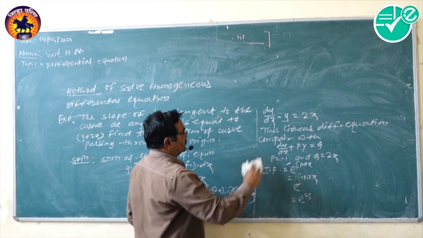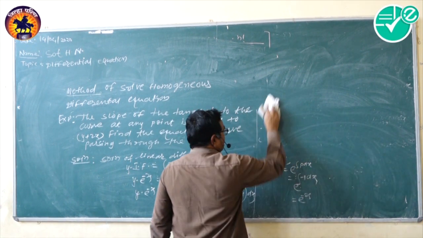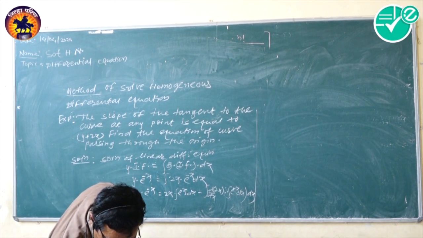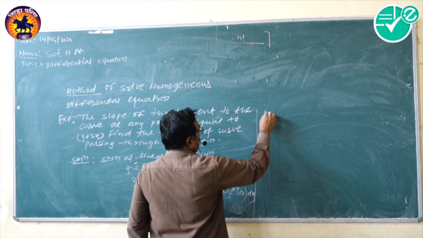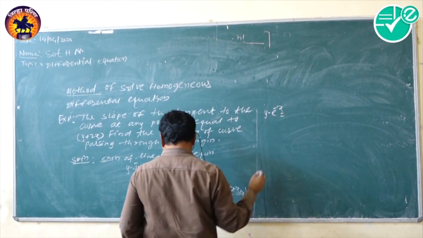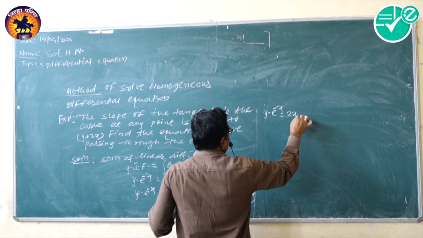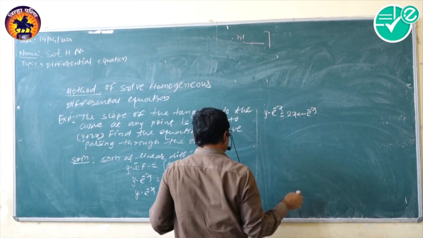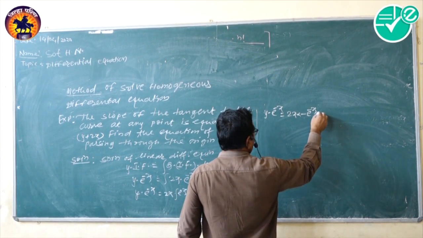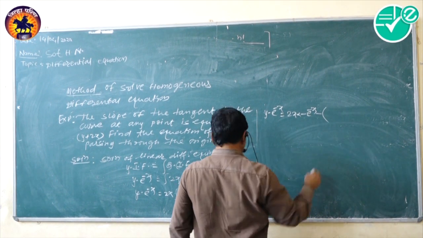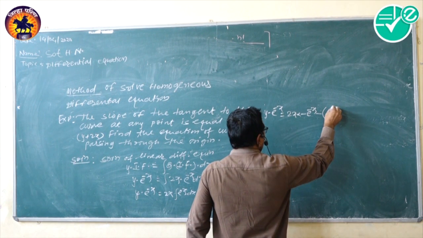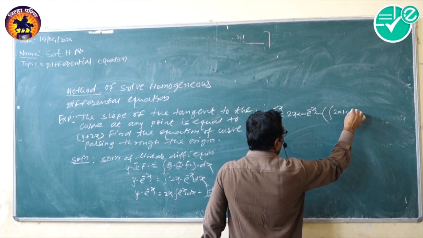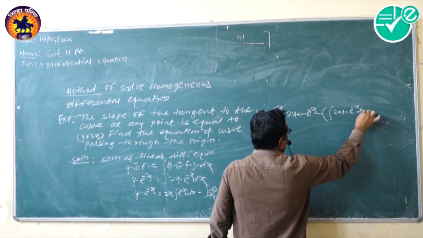Solving this equation, we get y into e raised to minus x equal to 2x into minus e raised to minus x minus integration of 2 into 1 into e raised to minus x dx.